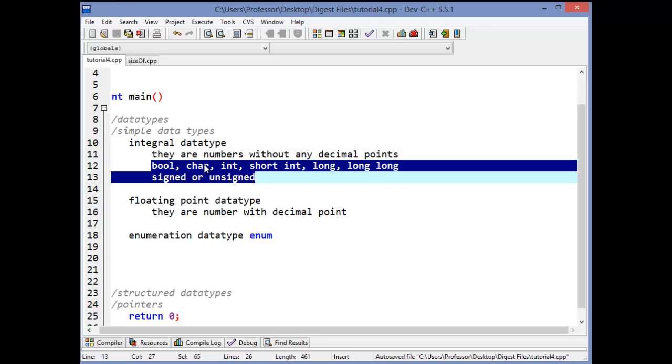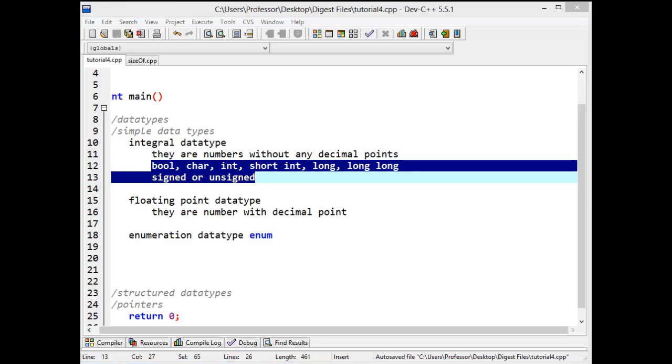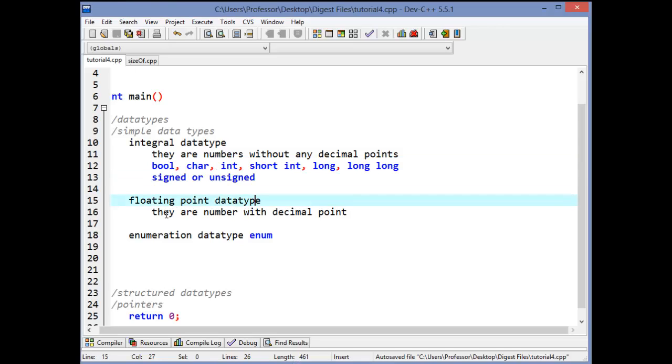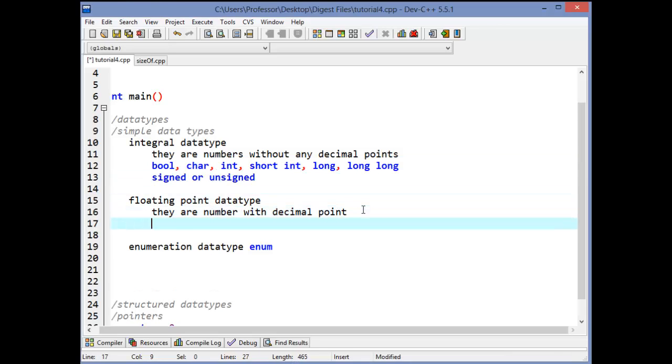I have written a sample program that we will use to show the amount of memory that each data type takes.